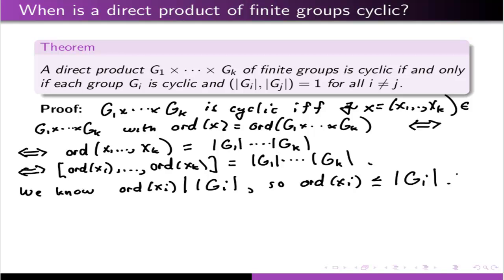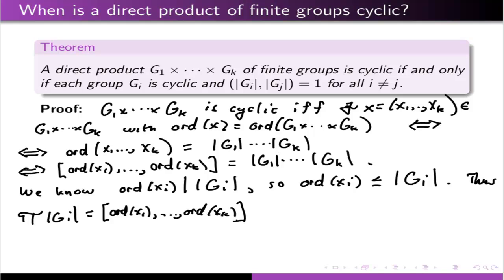So let's put this together as a string of inequalities. Thus, this product of these cardinalities equals this least common multiple, and we said the least common multiple of a collection of positive integers is less than or equal to the product of those values, with equality here.